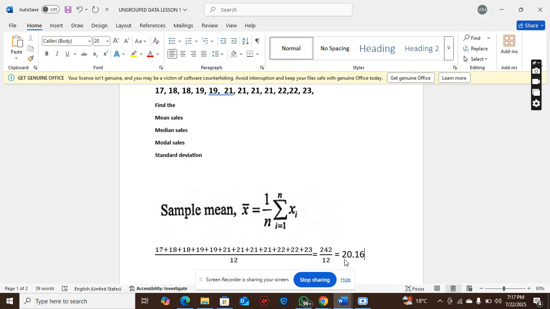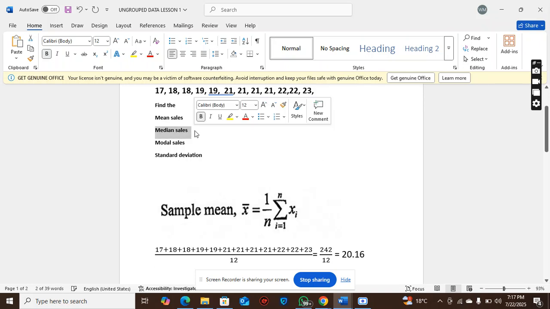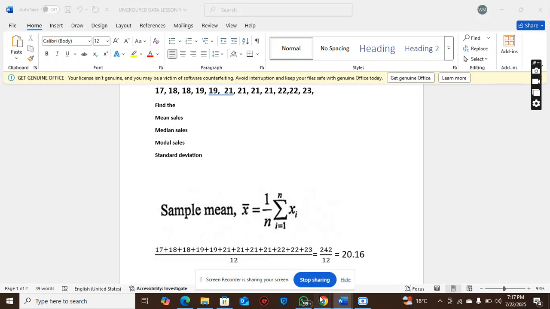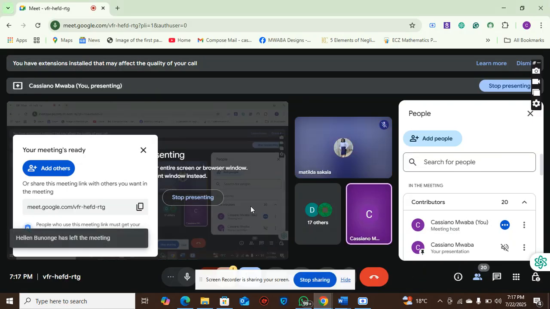All right, wonderful. We now go to the median sales. So the median is basically just the middle number of a data set. It tells you the number in the middle, and that 50% of the data values are above that middle number and 50% of the data values are below that middle number.